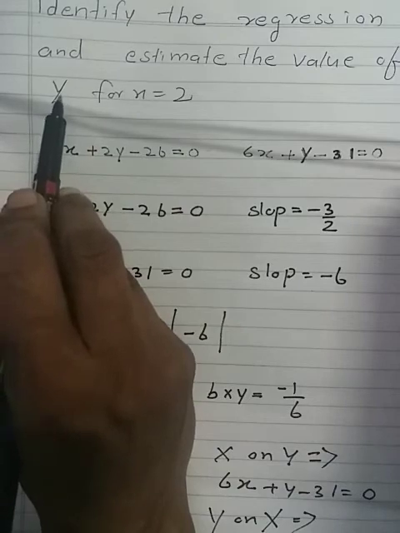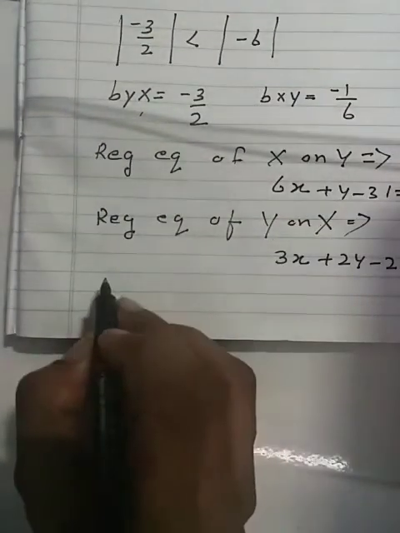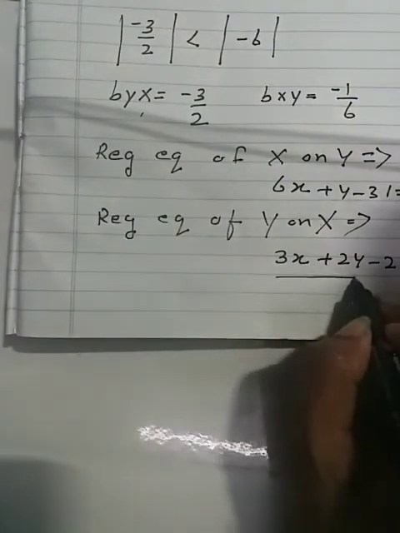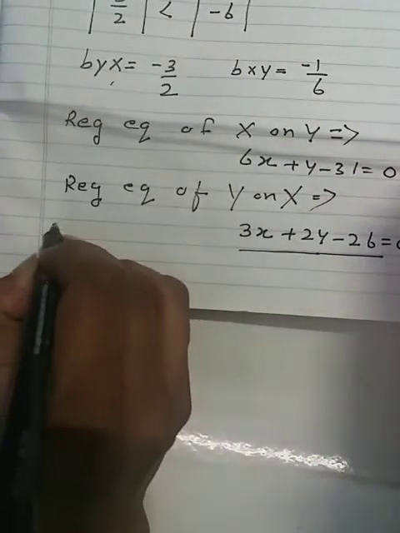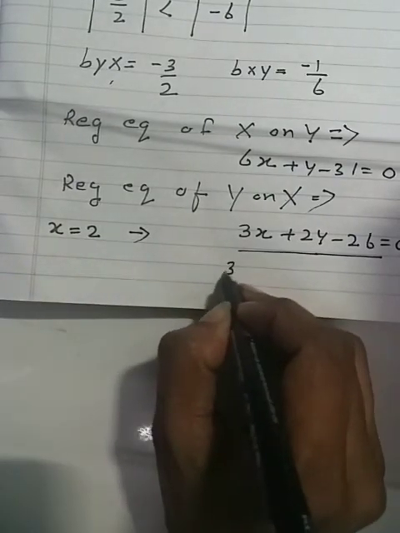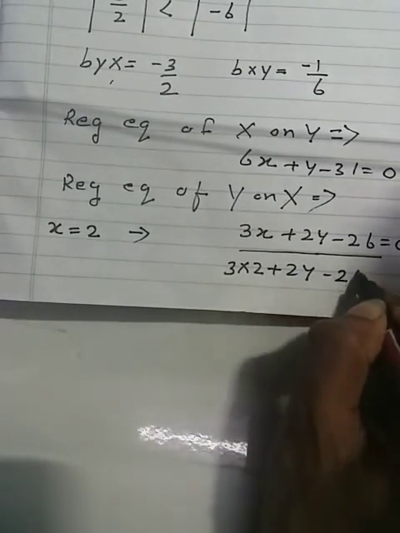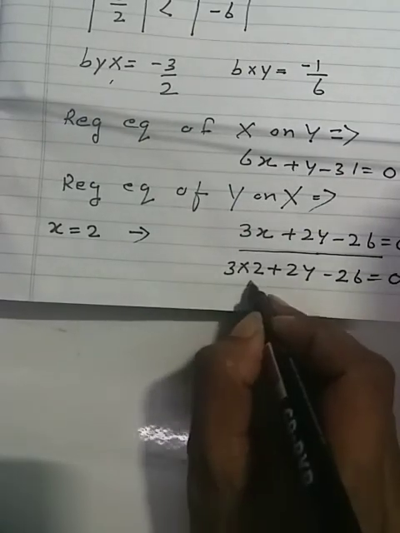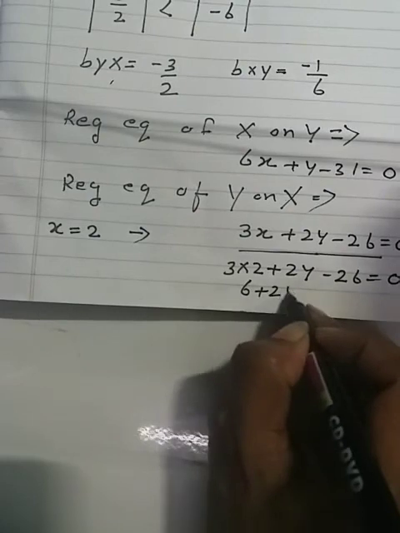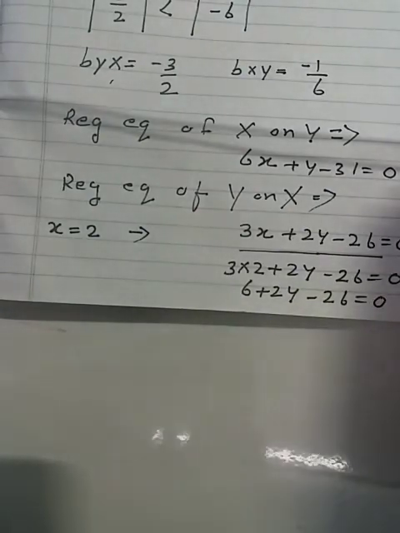So we will substitute x equal to 2 in the regression equation of y on x. This is the regression equation of y on x. Substituting x equal to 2 in this equation, 3 into 2 plus 2y minus 26 equal to 0. 6 plus 2y minus 26 equal to 0.